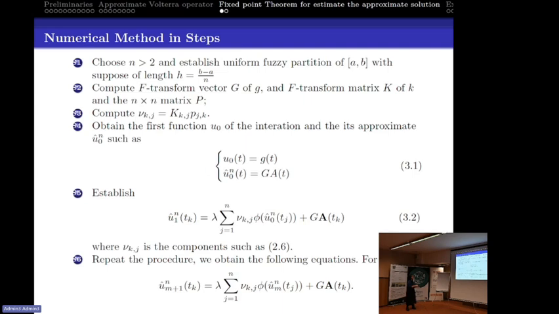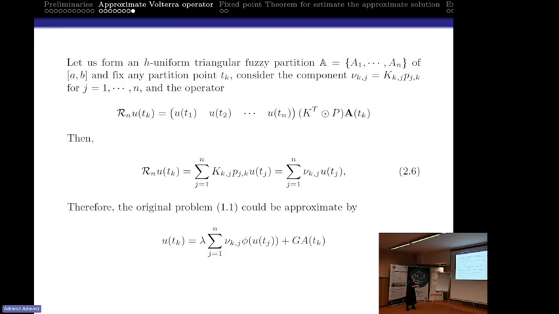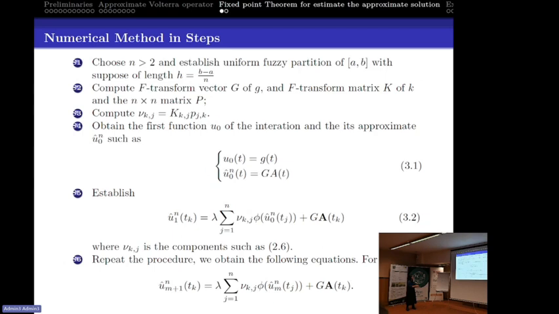Again, we put this u0 hat into the left side here, and then we have u1 hat, and repeat this m times, and we have this approximation.